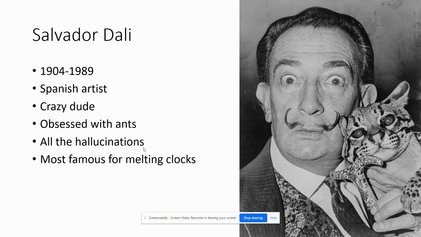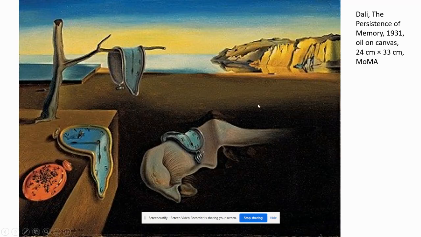So yes, Dali made himself hallucinate, kind of like the Sand People did with the breathing and the lights, to encourage mini seizures. But he did not use the mind-altering substances that you're thinking of, so don't do it either. And Dali is most famous for the melting clocks, which is the painting that we are going to look at.